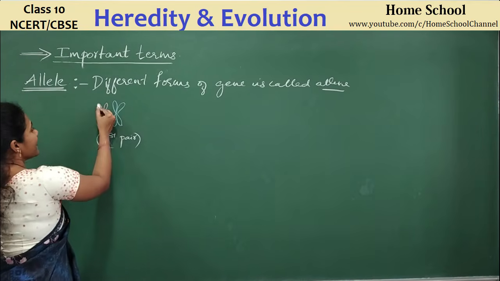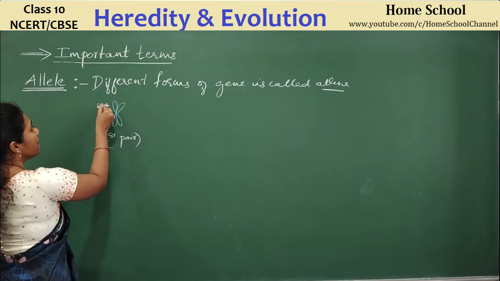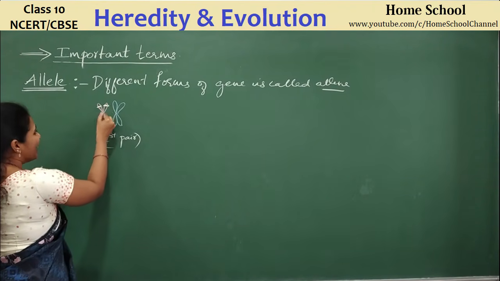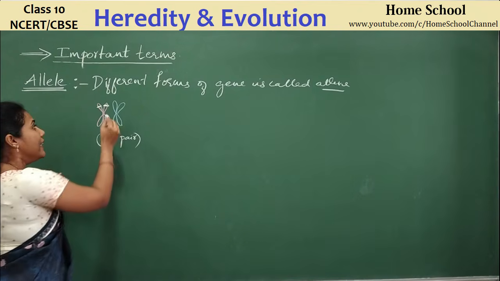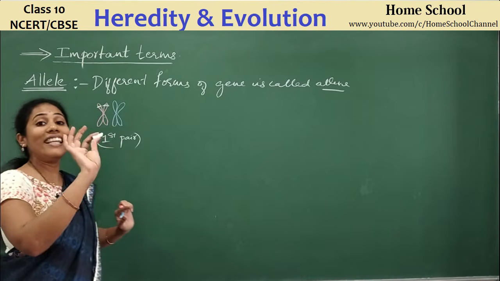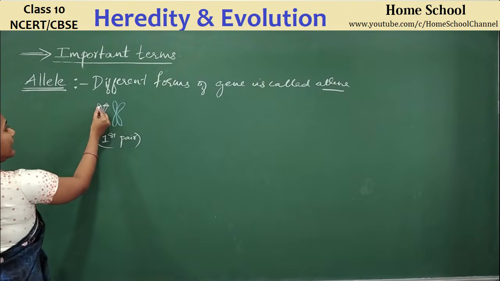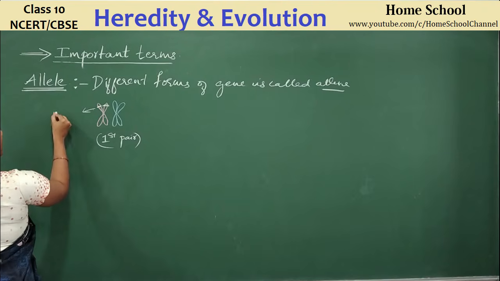Say for example, this has come from a father, in a pair, and this has a portion here, and this particular DNA, the entire thing is made up of DNA only. This fraction of DNA has information relating to height.